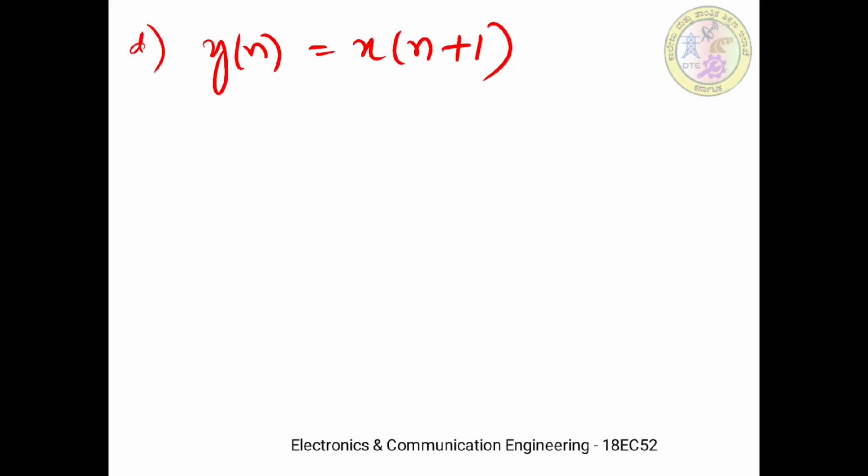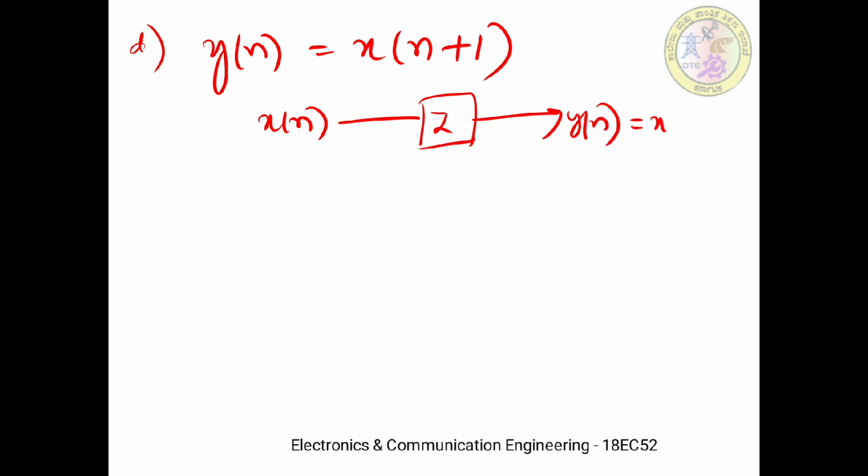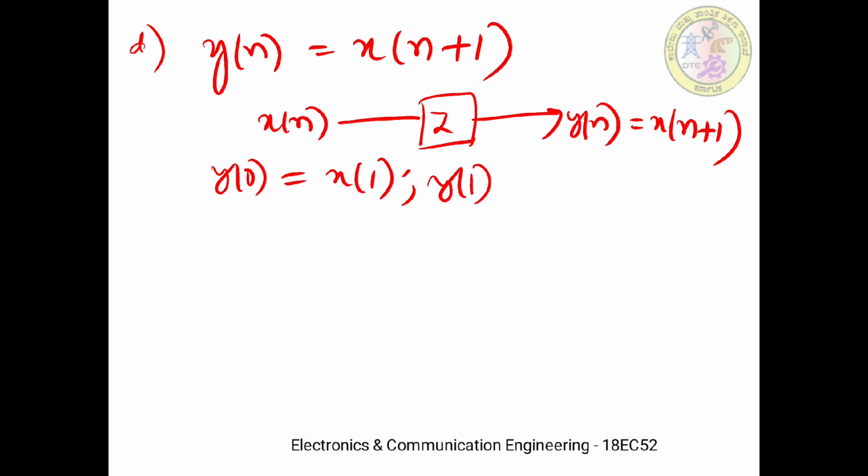The representation would be x of n passing through z, and this is y of n, which is equal to x of n plus 1. The meaning here is that when you are calculating y of 0, the output is x of 1. Similarly, when you are calculating y of 1, the output will be x of 2. So this is called a unit advance system.